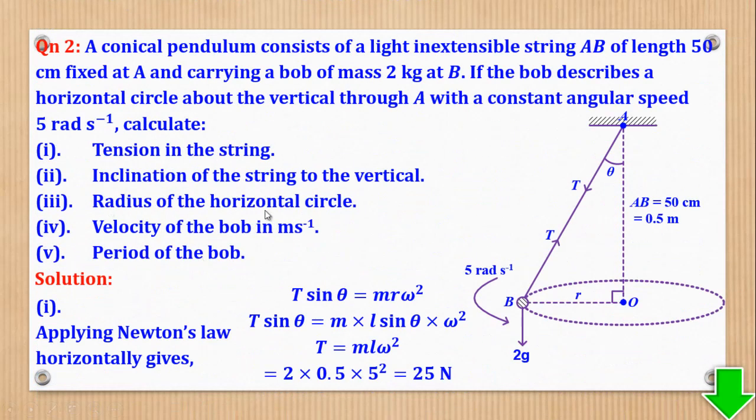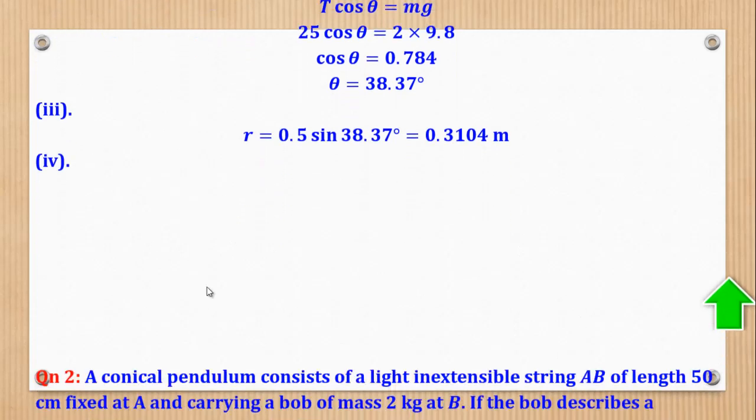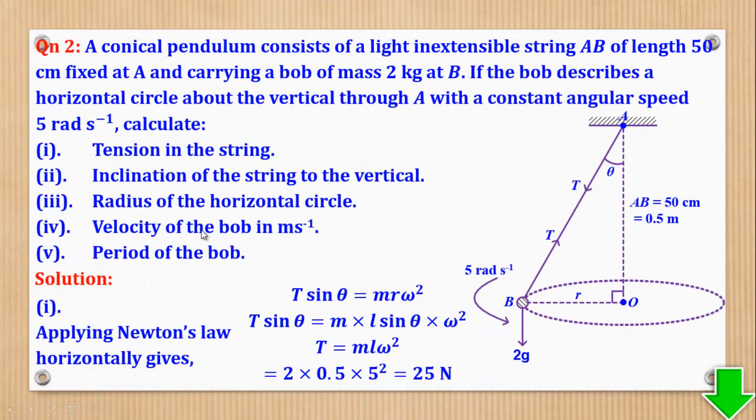Then Roman 3, they want the radius of the horizontal circle. We know that radius is L sin theta. So L sin theta gives you 0.3104. Then Roman 4, they want the velocity of the bob in meters per second.